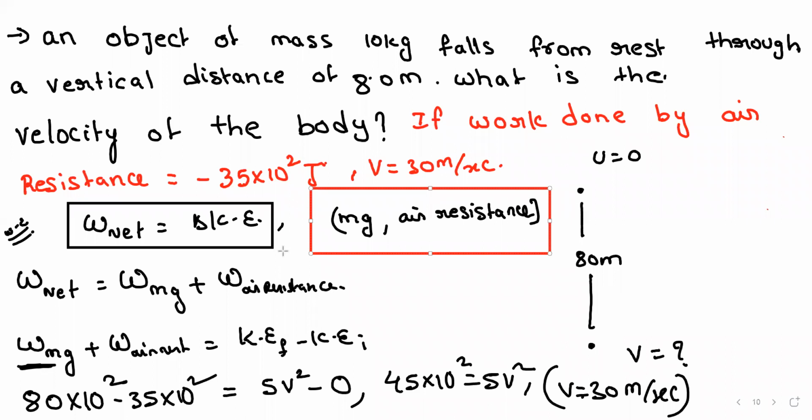So here we have to find net work done. What is net work done? Net work done is the sum of work done by all the forces. So net work done is work done by weight plus work done by air resistance. Very good.